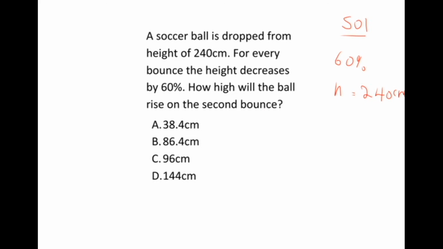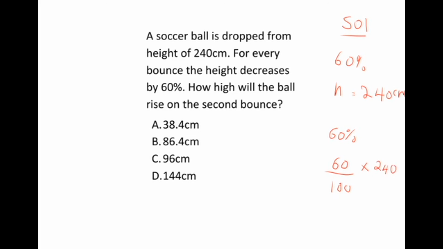So let us get for the first bounce how high the ball will rise. We are told that the height decreases by 60%. Therefore, we shall have 60%, which is the same as 60 over 100 times 240.